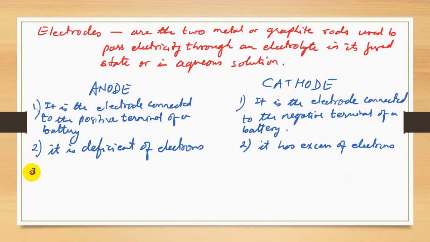The third thing you can write down: anode can easily accept electrons.